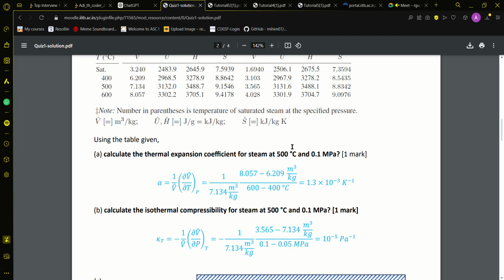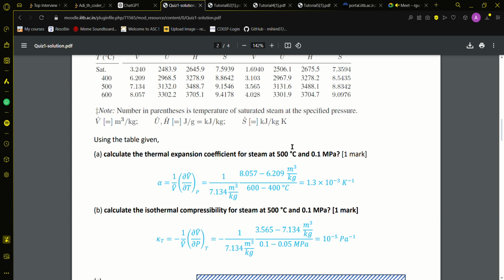So we take this value here and this value here, and because there's a minus term here, we get the delta V as 3.565 minus 7.134, and there'll be a minus term over here. And the delta P is basically 0.1 minus 0.05, and once we calculate this value, we'll get it to be approximately 10 power minus 5 Pascal inverse.